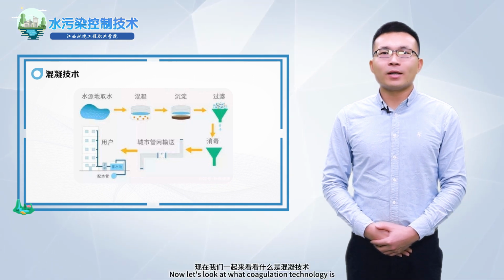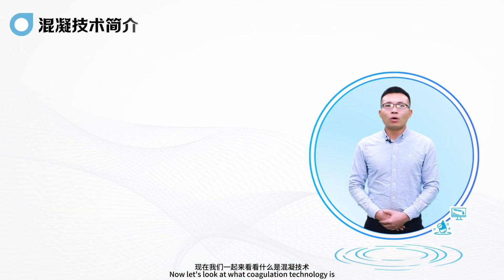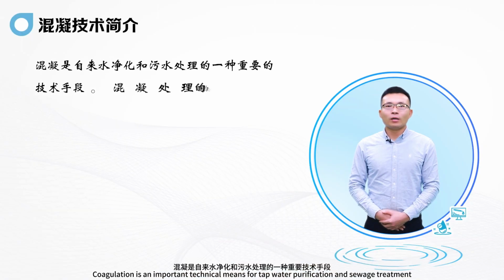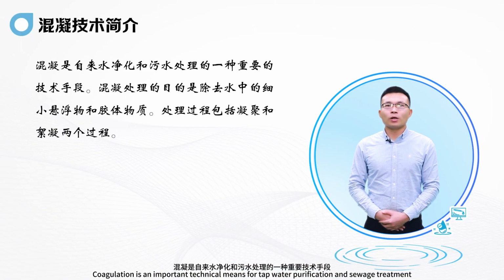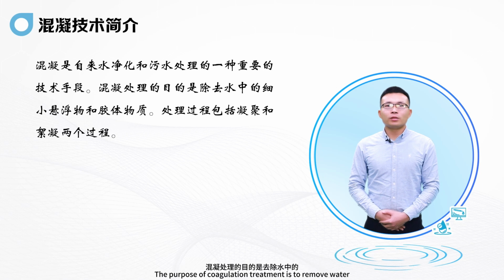Now let's look at what coagulation technology is. Coagulation is an important technical means for tap water purification and sewage treatment. The purpose of coagulation treatment is to remove fine suspended solids and colloidal substances from water, making the water clearer and more transparent. The treatment process includes coagulation and flocculation.